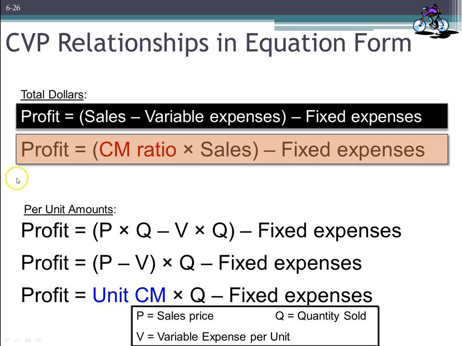Or if you're working with something and it's talking about total dollars and everything that it's giving you in the hypothetical is in total dollars, well then just go ahead and pick whichever total dollar equation makes your life easier. Remember, these will all get you to the same place, just some of them are already refined and will take less work. So go ahead and take the less work if you like, unless you want to just challenge yourself, which I know most of you like to do.